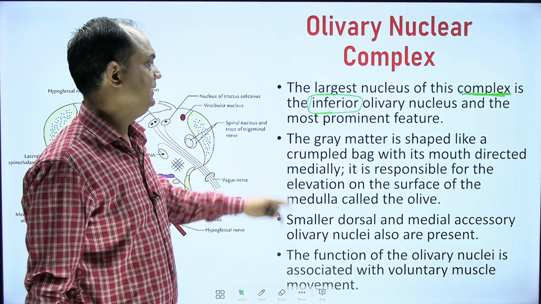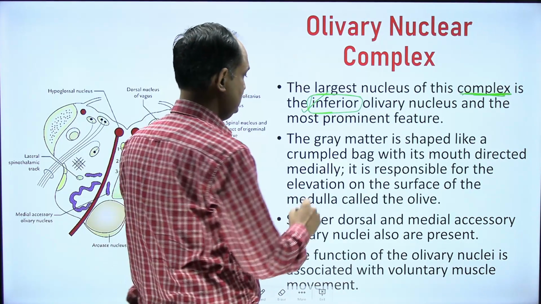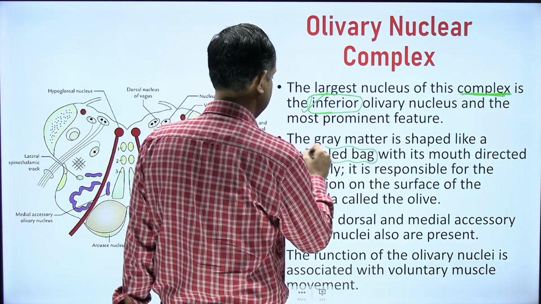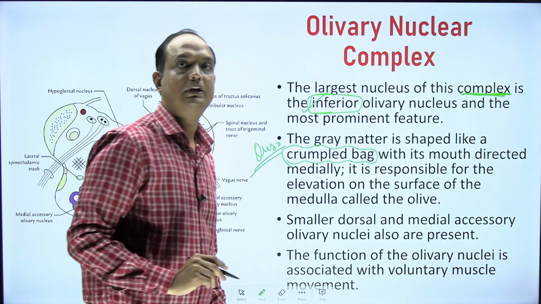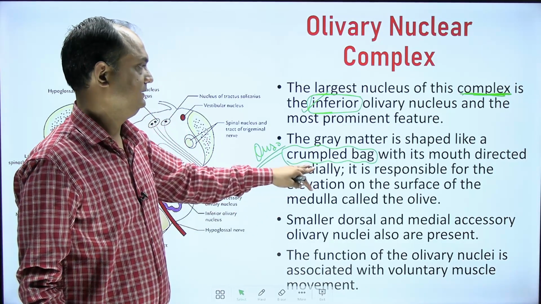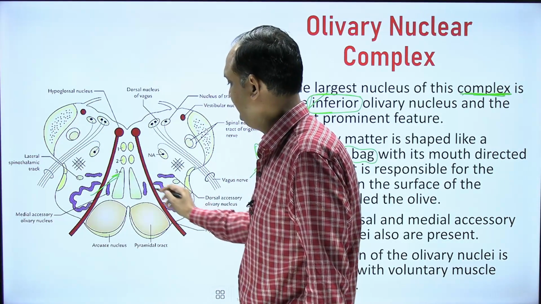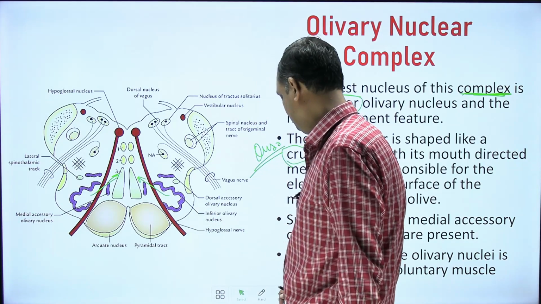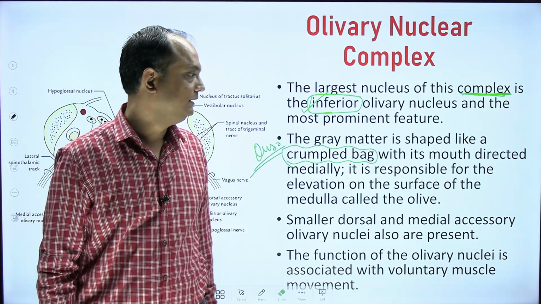The inferior olivary nucleus has a crumpled bag-like appearance. Now this is a question for your exam: what is the shape of the inferior olivary nucleus? The answer is crumpled bag-like appearance. And its mouth is directed medially. So this is the medial side where you will have the opening of this nucleus. Clear?